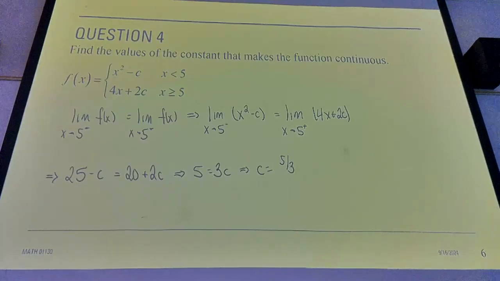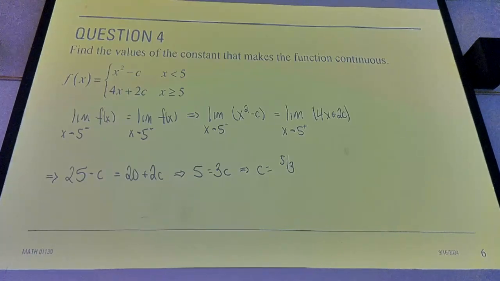So 70 over 3. 20 plus 10/3. So 60 plus 10, 70 over 3. So the limit's 70 thirds.